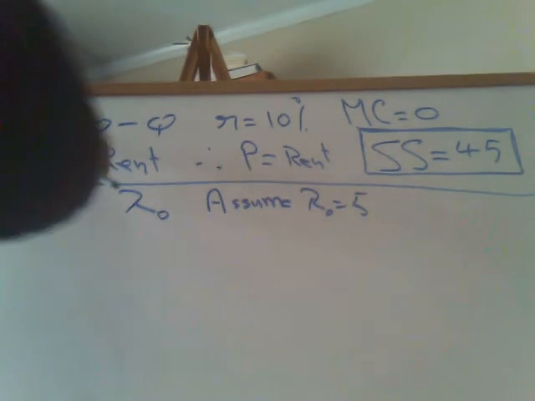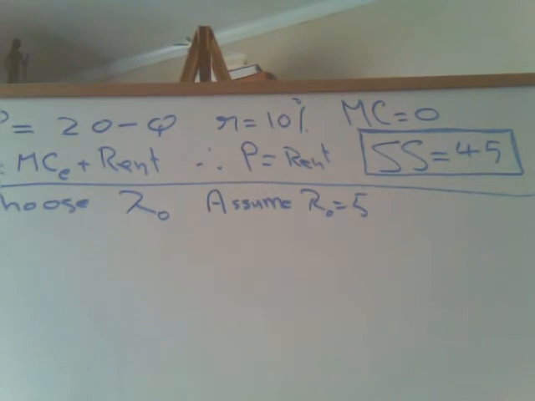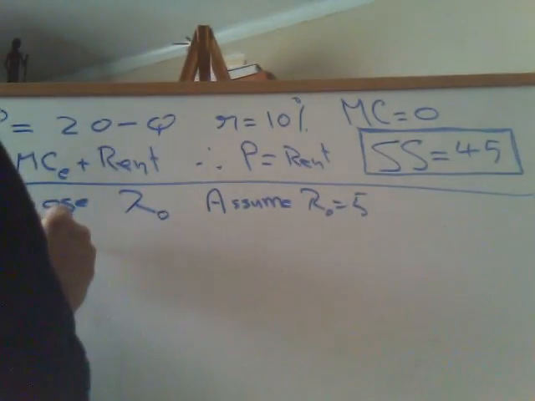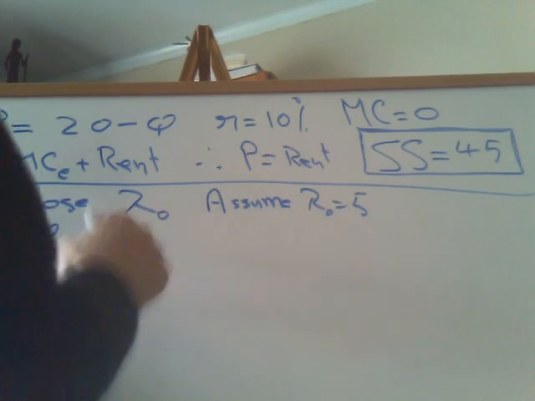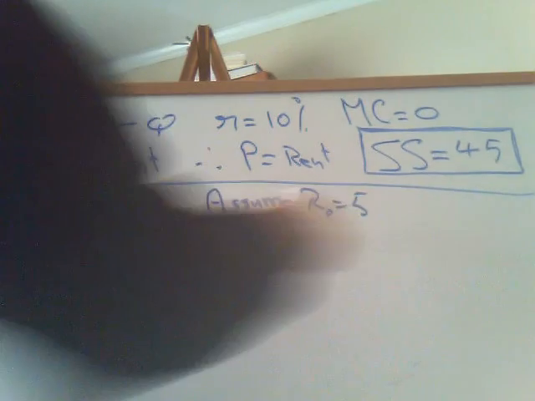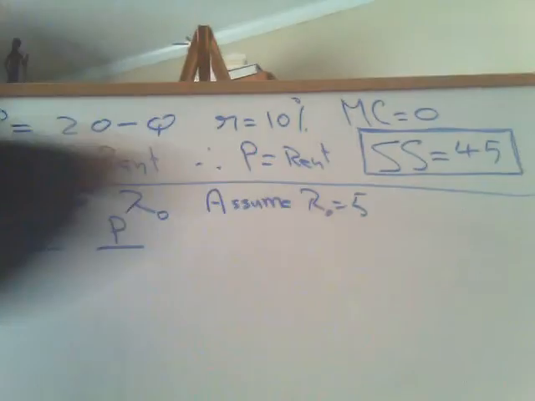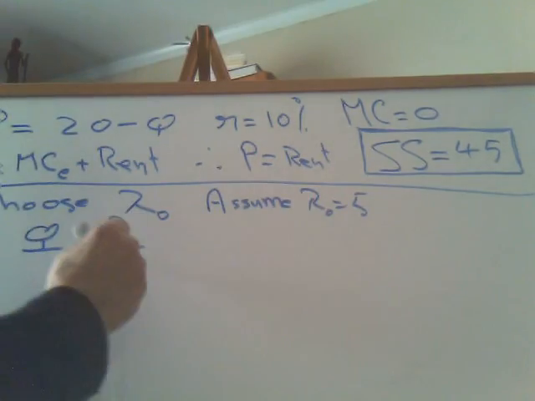I have this demand curve, right, whereby this is the quantity, and this is the price. I'm saying that the price is going to be what? 5, because there is no marginal cost.